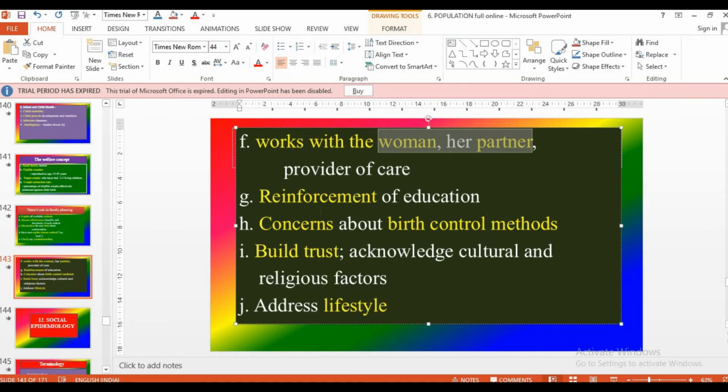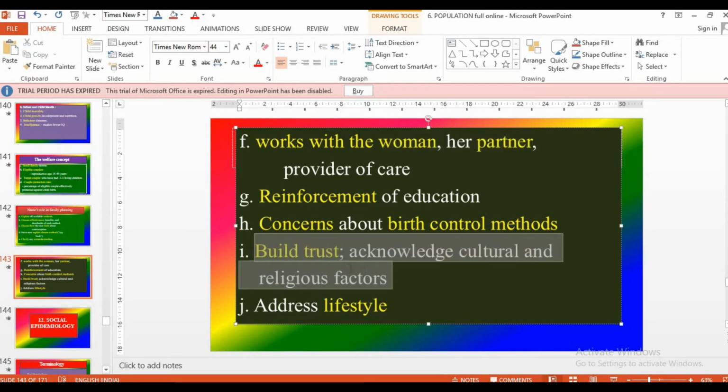G, reinforcement of education. Motivate the family. H, concern birth control methods. I, build trust, acknowledge cultural and religious factors. Students, this is another area of focus.